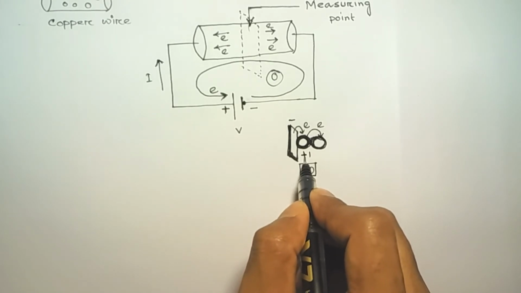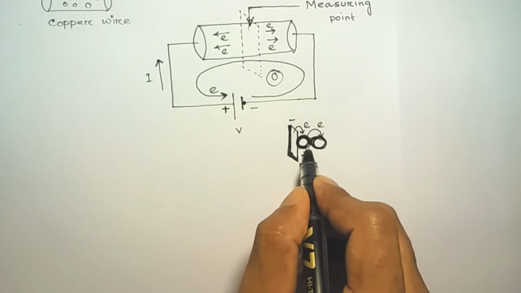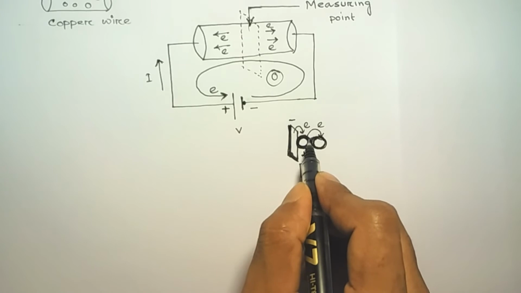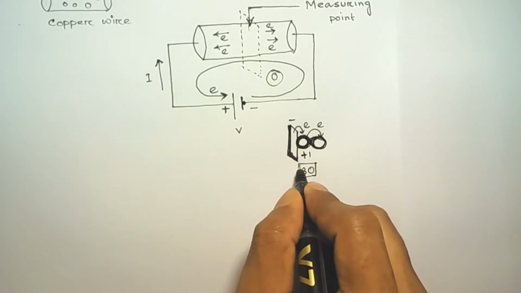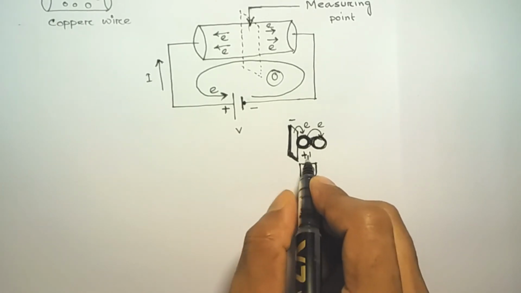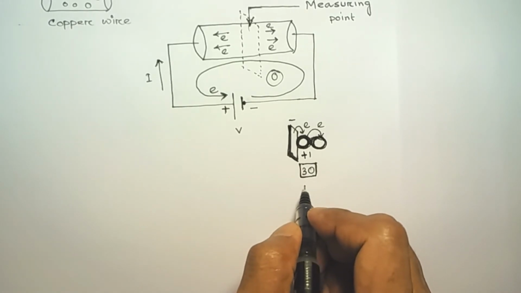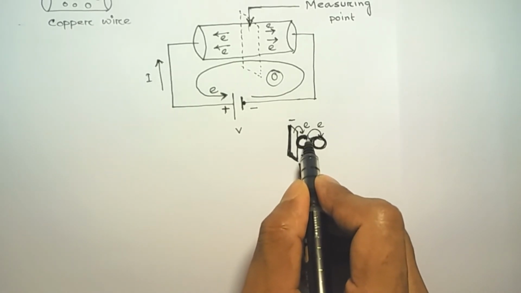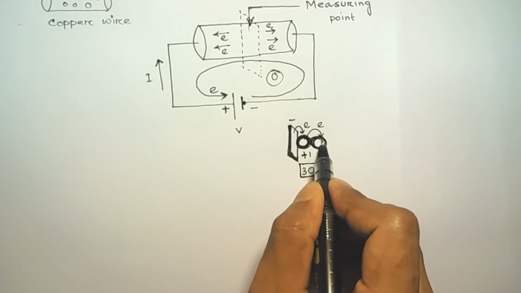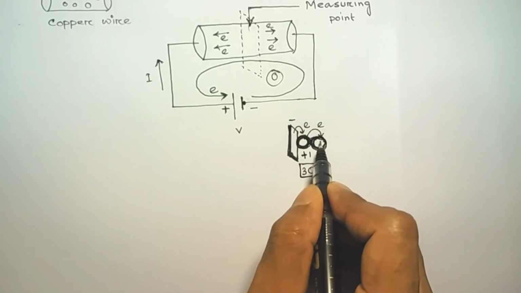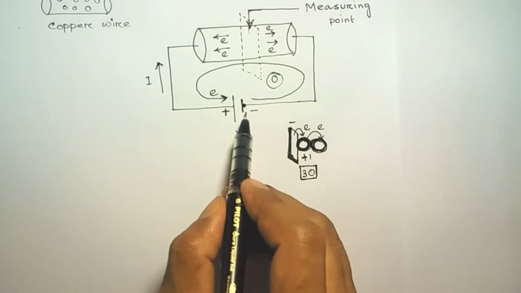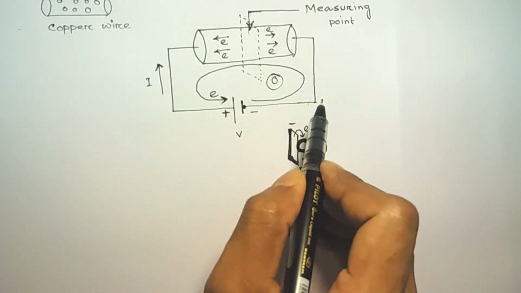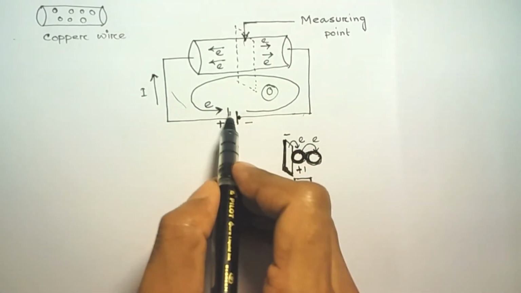Then the number of electrons is increased in this atom, and now the number of electrons is 30 in this atom. For being neutralized, this atom will forward this extra electron to the next atom. Thus the electron flows through this path in this way.